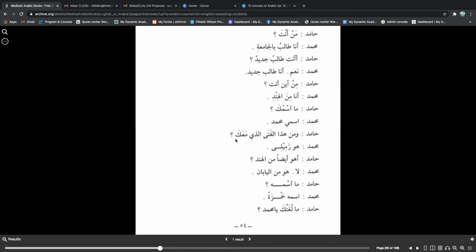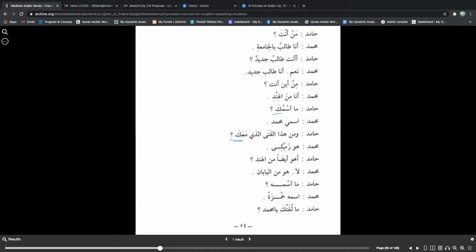Ma'aka. You notice once again you have this kaf, which is a possessive pronoun, right? So you have ismuka, ma'aka. You added this ka at the end to mean with you, because ma by itself means with. You have the kaf, ma'aka, with you. And it's a you masculine. Muhammad: Huwa zamiri. Notice this ya at the end.